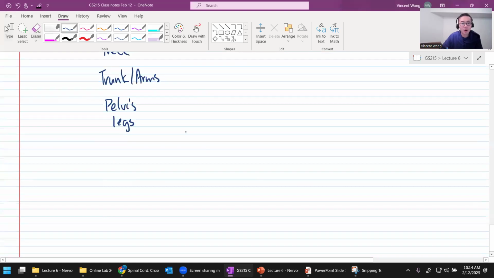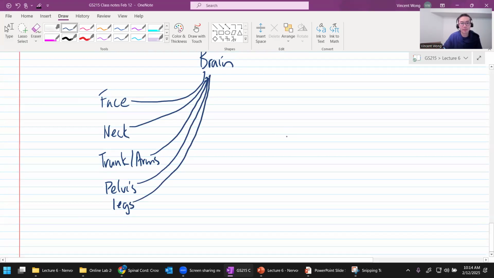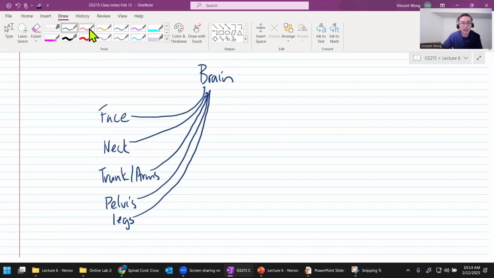So what happens is all these places will have sensory neurons going up to the brain, right, through the spinal cord. Okay, spinal cord. This is going up, going up, going up like this. Okay. And then same thing, the brain will have motor neurons coming to the face, to the neck, to the trunk, to the pelvis, and to the leg. And all these things would be part of the spinal cord, right?